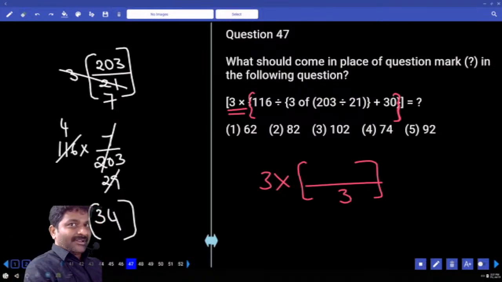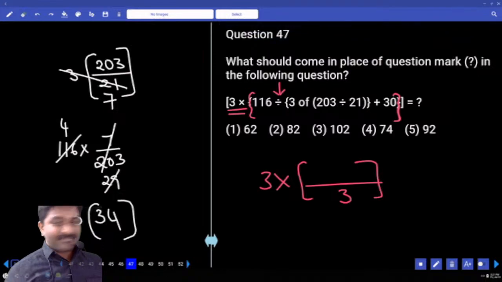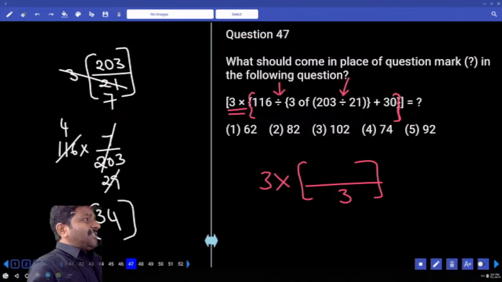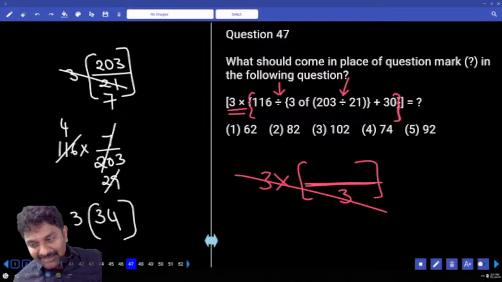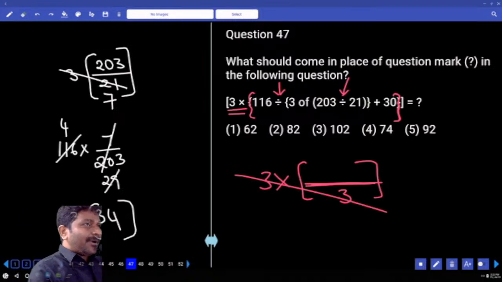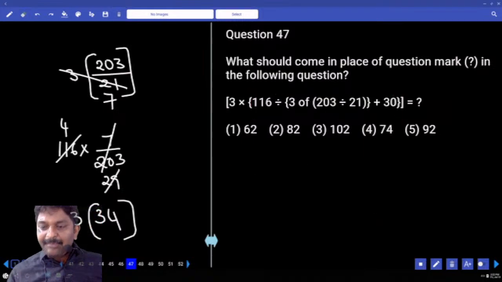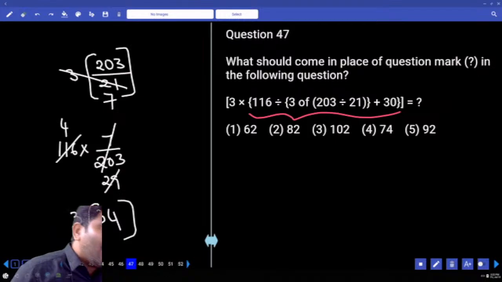So you cannot directly depend on it because you have division symbols. When you have division symbols, the denominator may be a 3, and this 3 may get cancelled. So you cannot directly depend on that 3 multiple and go for the answer every time. I am telling you the reason why not to verify. Are there denominators in this bracket? Do you see multiples of 3 in those denominators? There is a chance of that. If it comes, we cancel it. So in that case the answer need not be a 3 multiple. So it has to be done.